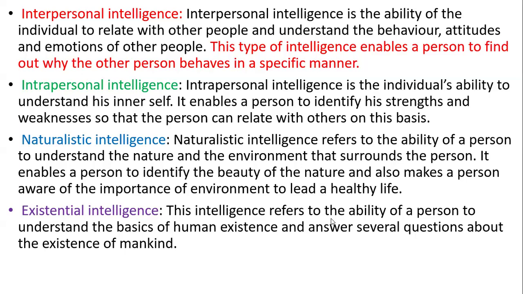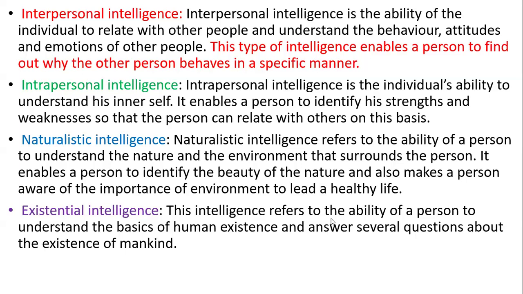Okay. Interpersonal intelligence is the ability of the individual to relate with other people and understand the behavior, attitude, and emotion of other people. So interpersonal means that he is moving with other people, interacting with other people. He can understand other people's behavior, their attitudes, their emotions.